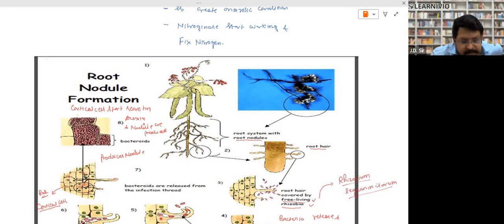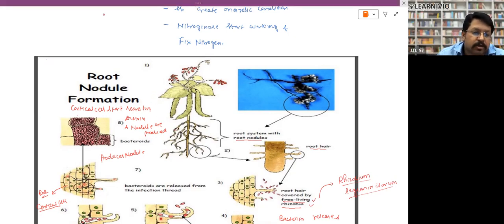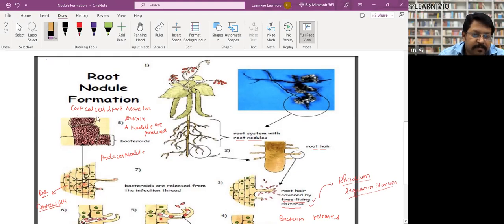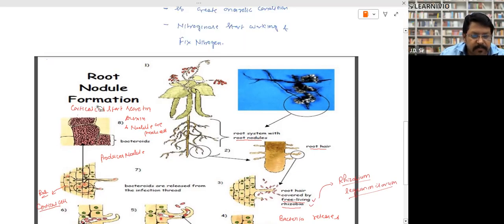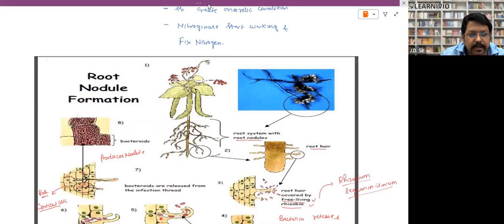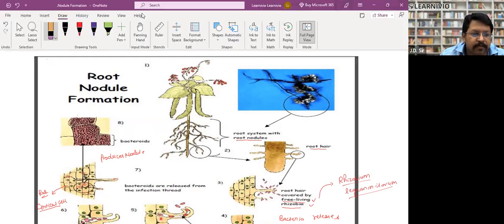Let me write it more clearly so that you can get the writing. Cortical cell means the cells of the cortex. After the infection, what happens?